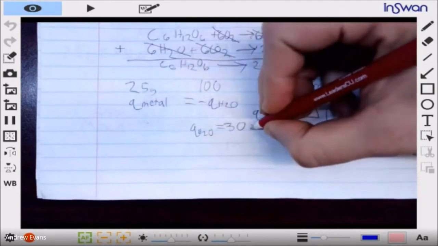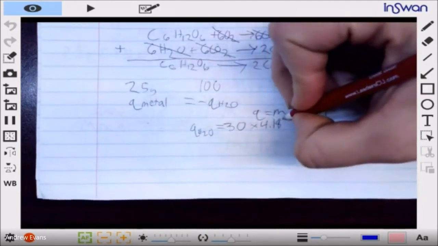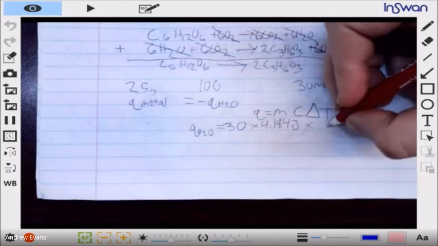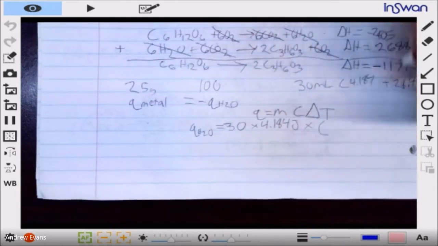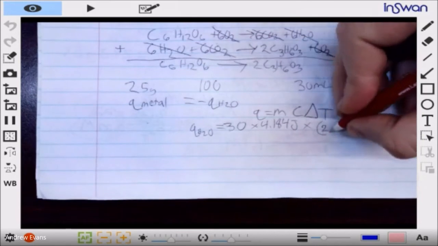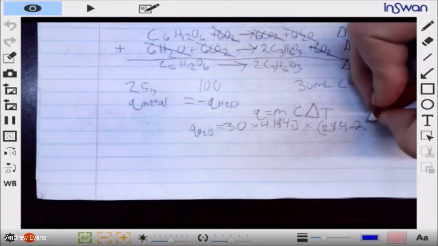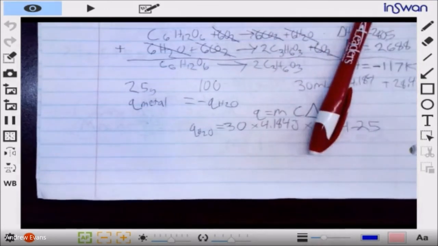We have a heat capacity, which is 4.184 joules per gram Celsius, and a final temperature of 28.4, and the initial temperature was, I think, 25.